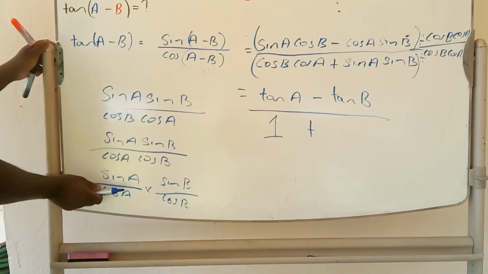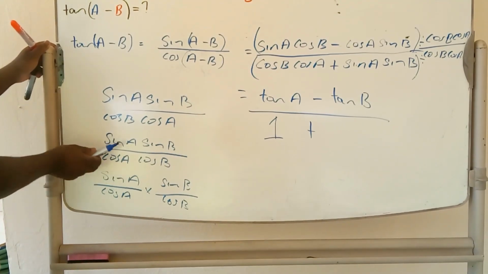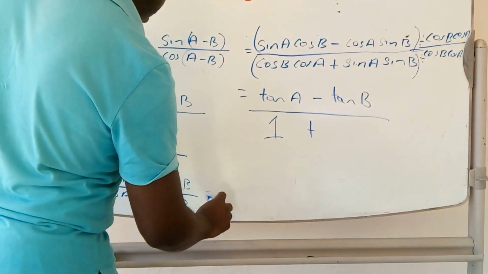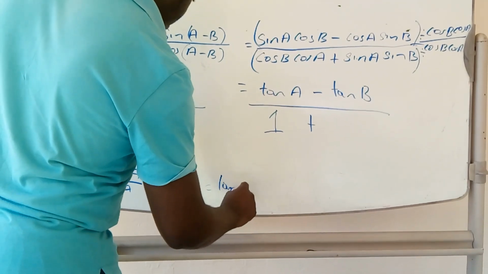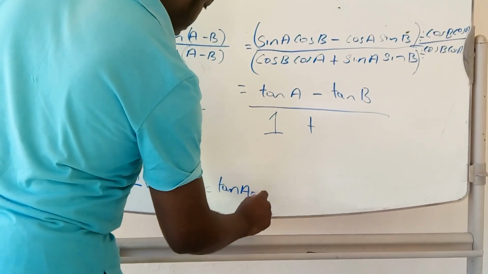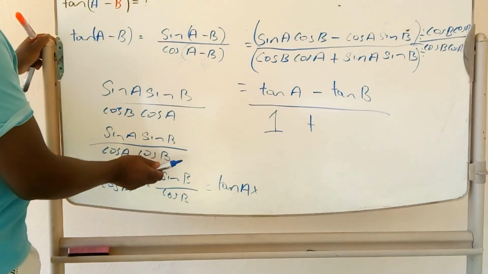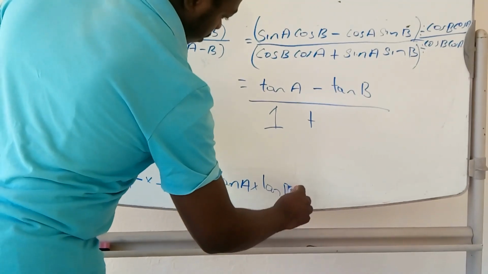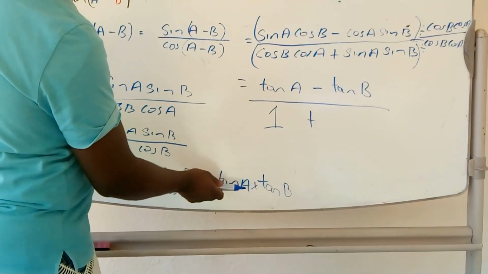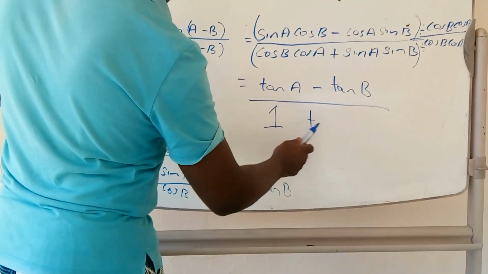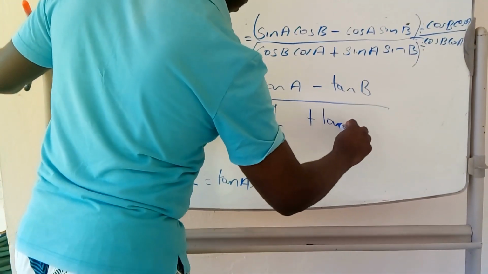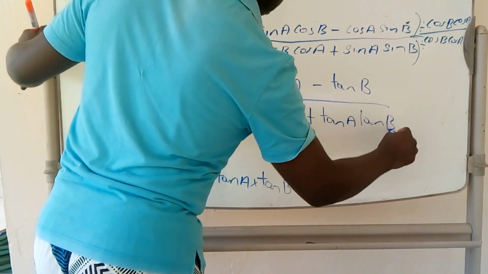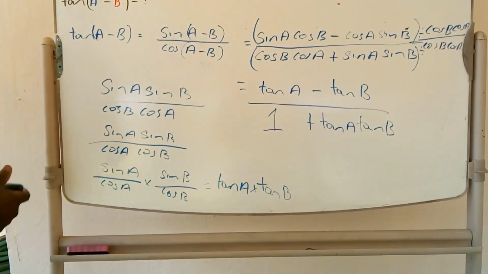Sine A over cos A, that's just equal to tangent of A. So this part here is the tangent of A. So this is just equal to tangent of A times what's sine B over cos B. That's just tangent of B. Right? I can now rewrite this without the multiplication sign. So here, I'm just going to put it here, which is just tangent of A times tangent of B. And that's it. I am finished.